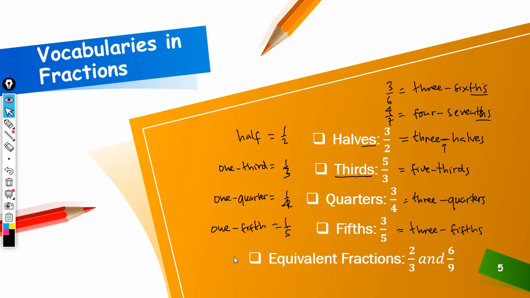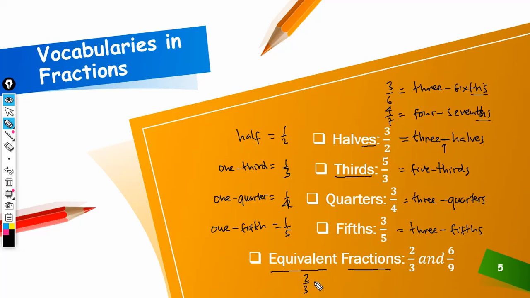Next, equivalent fractions. Equivalent fractions are fractions that have the same value. For example, 2/3 is equivalent to 6/9. Why?